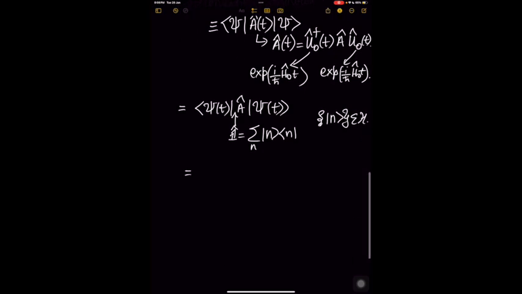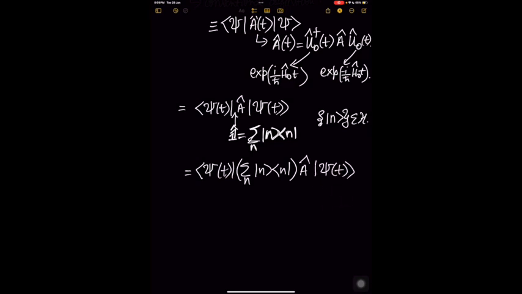So this basis is complete, and the sum of the outer product of all the basis states would give you identity. So you squeeze this in here, and you proceed with the computation of the expectation value.